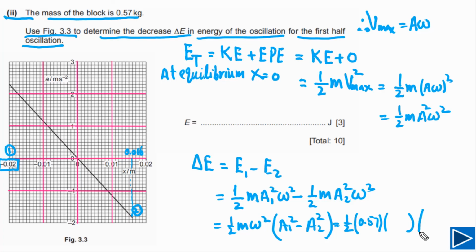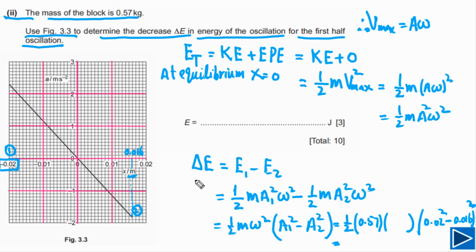So we can plug in value of A1. A1 is 0.02. This is in meters, so we need not convert this. So squared minus, we have 0.016 squared.